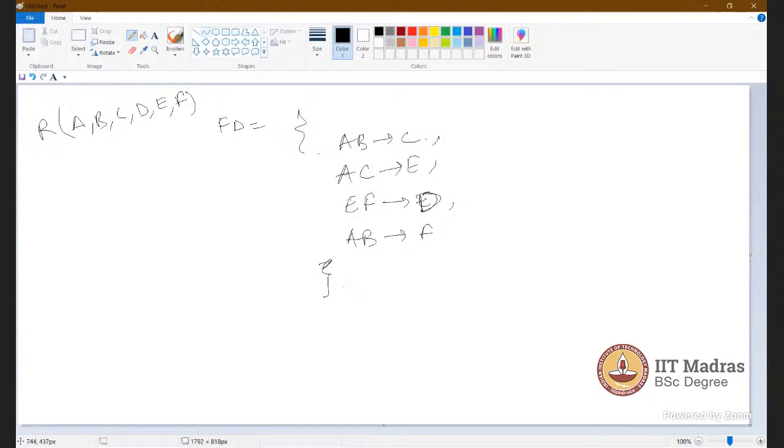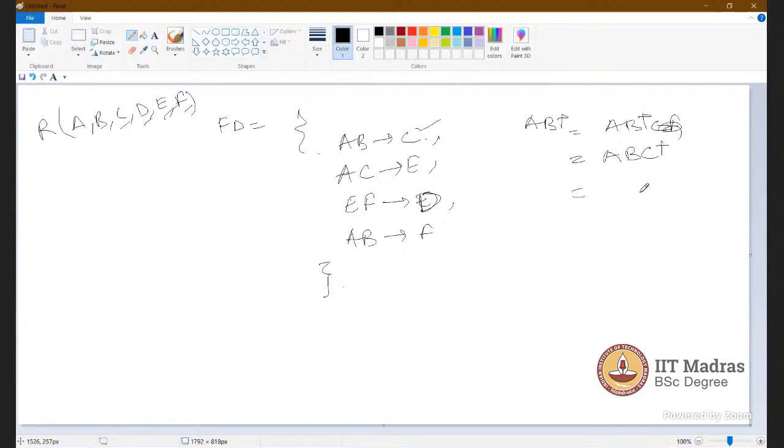What is the candidate key? I calculated the candidate key to be AB. Okay, let me check. For this particular closure, we get the AB closure, and after that the ABC closure.